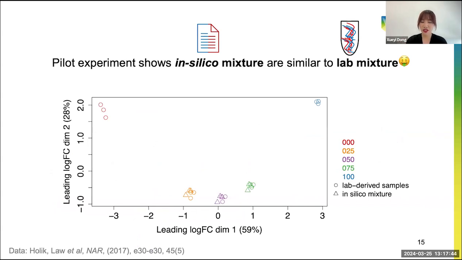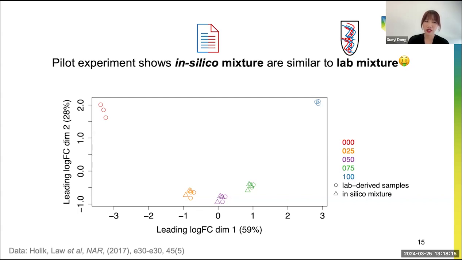And because it would cost a lot to sequence all the in-between mixtures in real lab experiments, here we used the data from the previous study as a pilot experiment, where we mixed the reads from the pure samples into the same proportions as the lab-derived mixture samples.